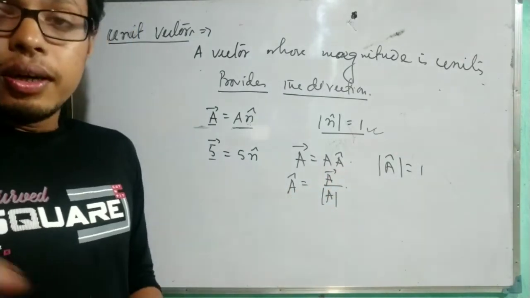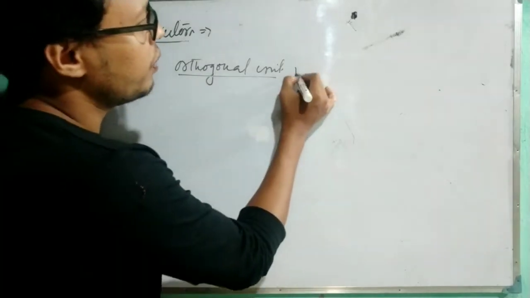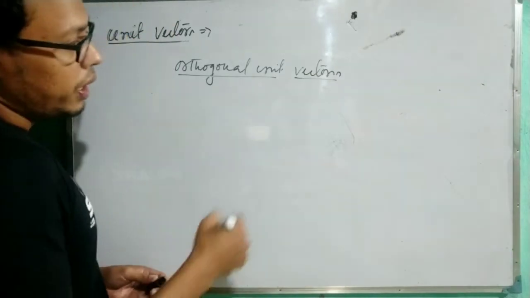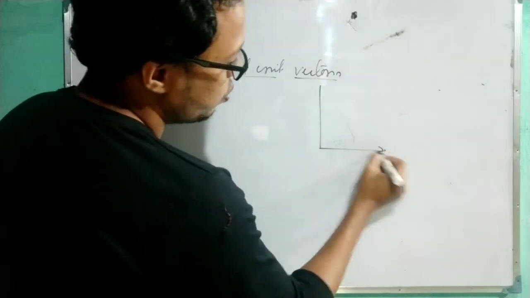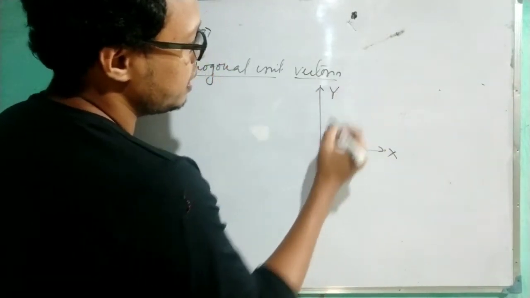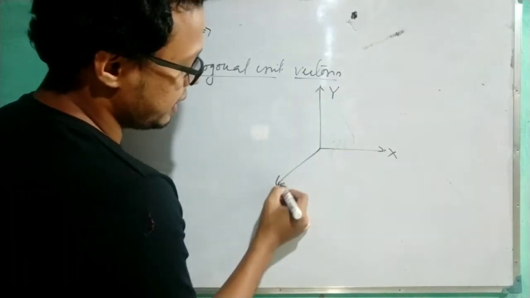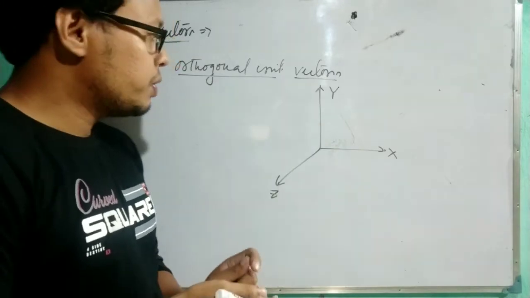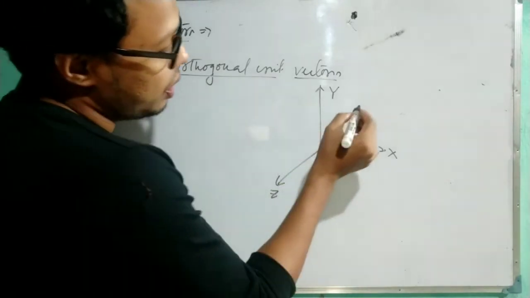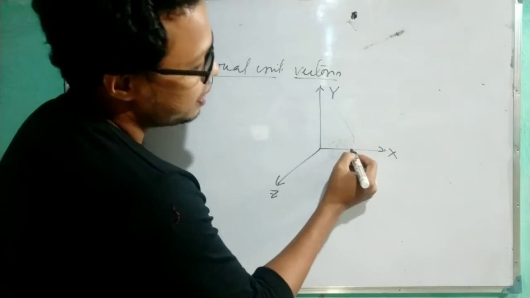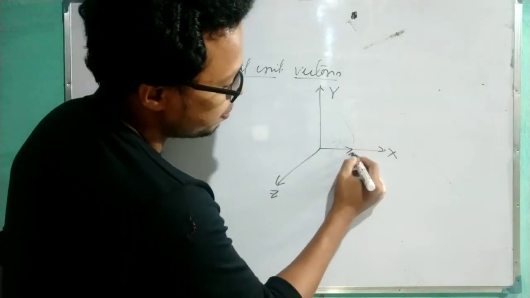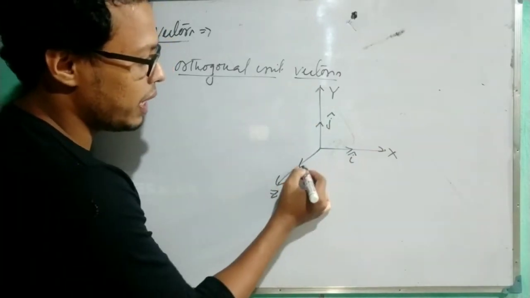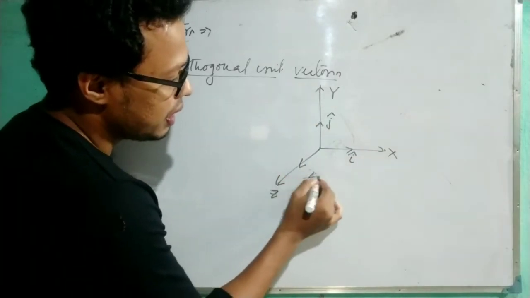What is an orthogonal unit vector? Look, in the case of x, y and z axis, suppose this is the x axis, y axis and z axis. They are all perpendicular to each other. The unit vector along the x axis is represented by i cap, along the y axis by j cap, along the z axis by k cap.